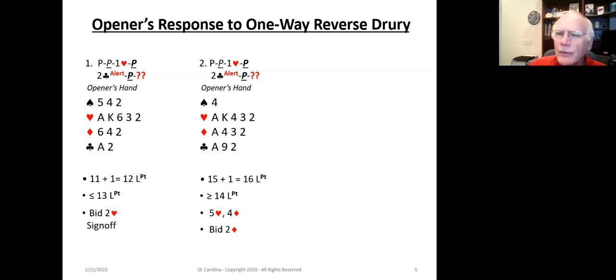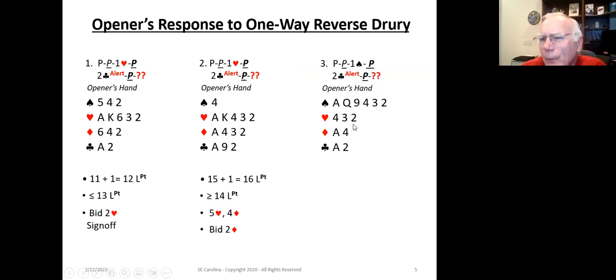It also gives you information about the other suits, in that there are only 4 more cards available to be split among the other 2 suits. At the worst case, it could be 2-2, in which case the opener's got 2 doubletons, or it could be 3-1 like we have here. So it starts to show more exactly the distribution of the hand.